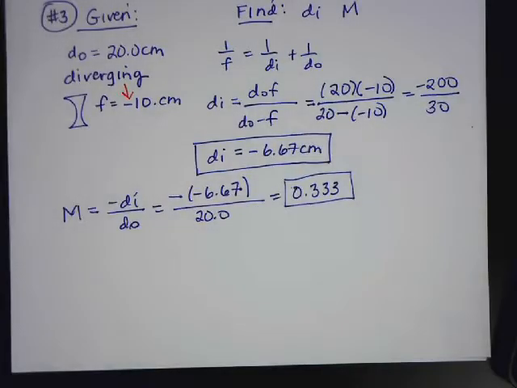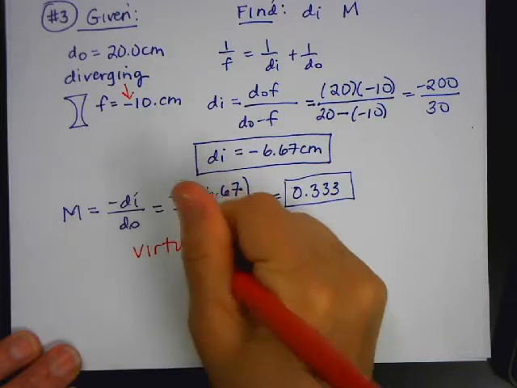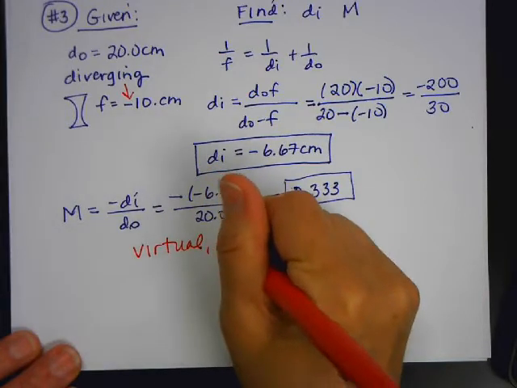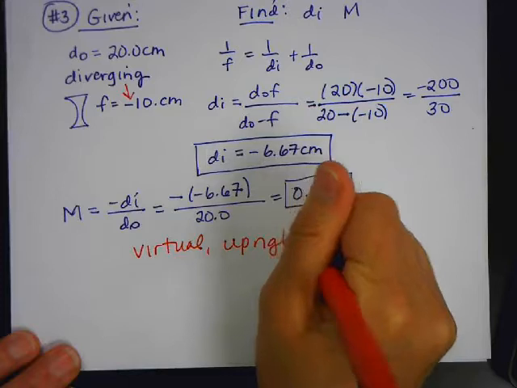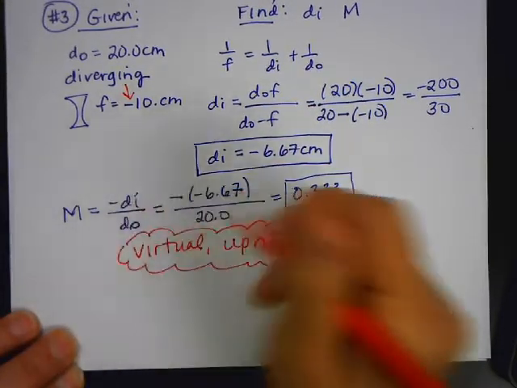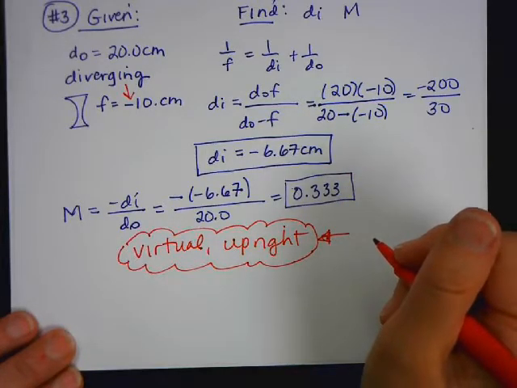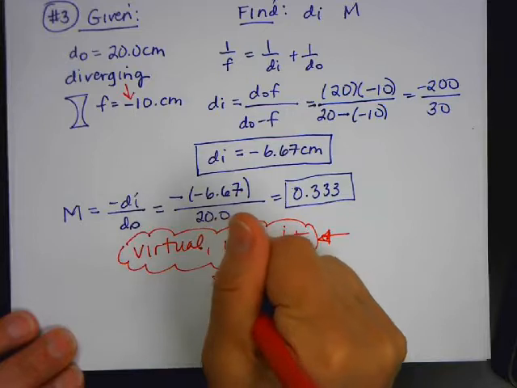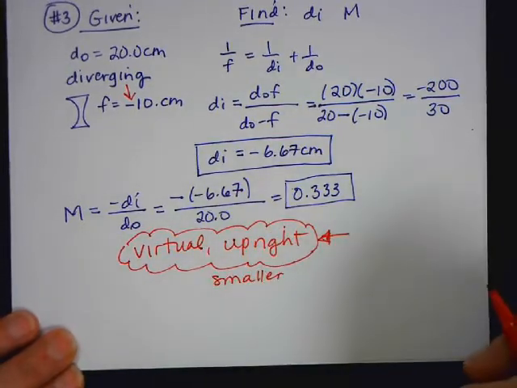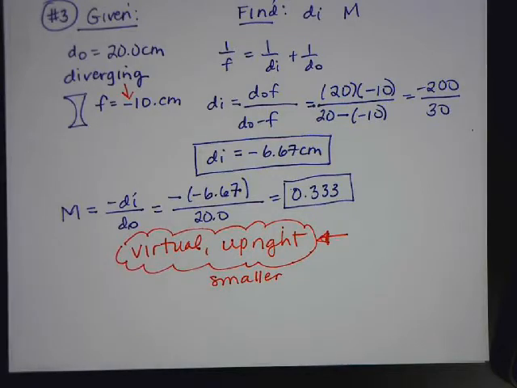So I'll just write that it's virtual and it's upright. And if I wanted to, I could add the smaller in there too, even though they didn't ask for that. And that's it. This is pretty easy because we're already used to using these equations.